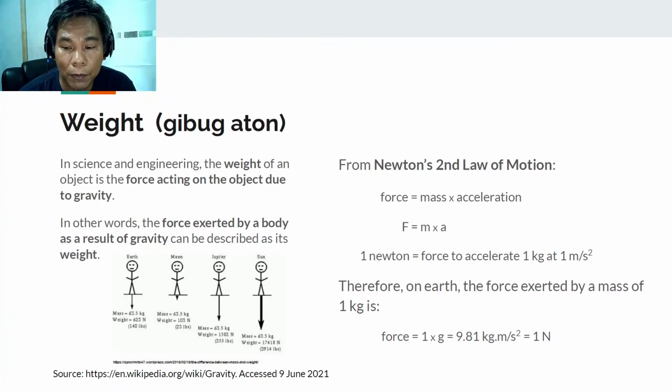Therefore, on Earth, the force exerted by a mass of 1 kilogram is 1 times g, that is 9.81 kilogram meter per second squared. The kilogram meter per second squared is also what we call Newton. So 9.81 kilogram meter per second squared is equivalent to 1 Newton.